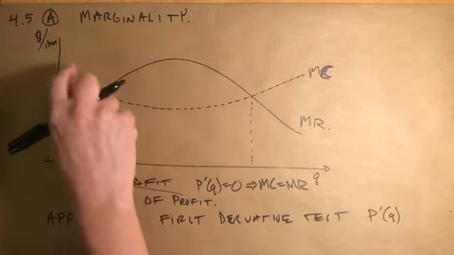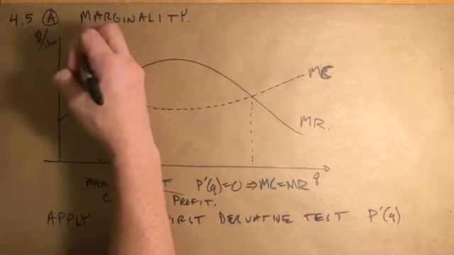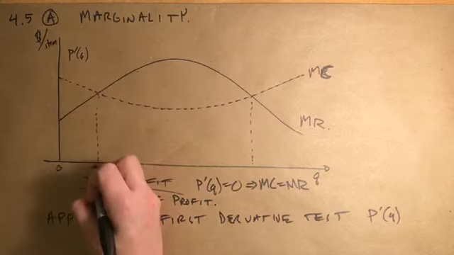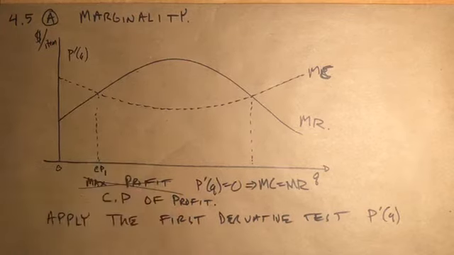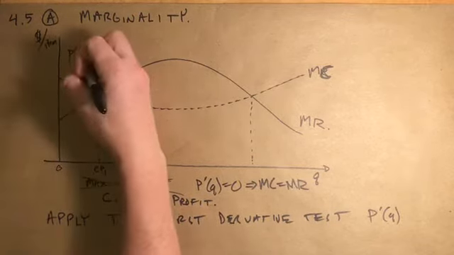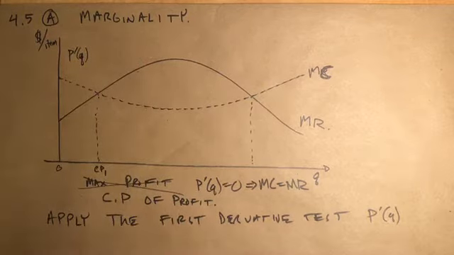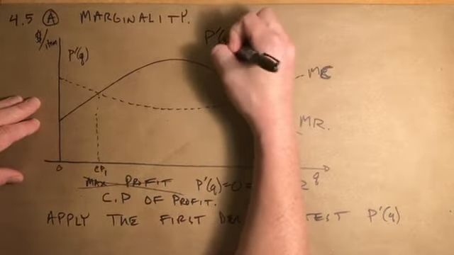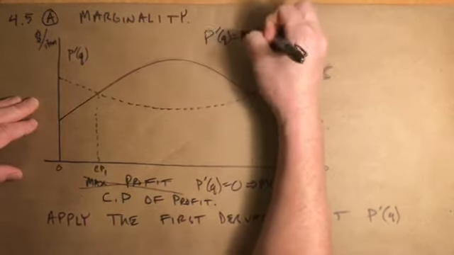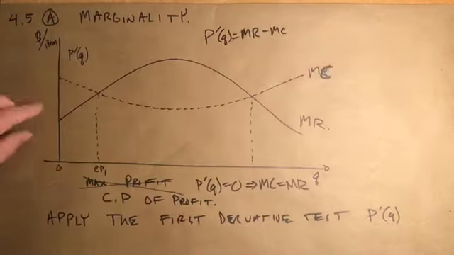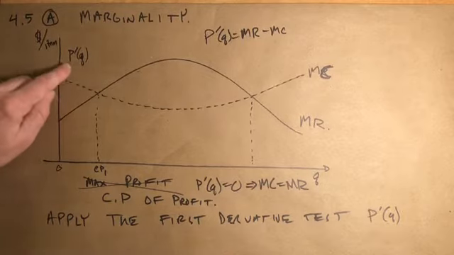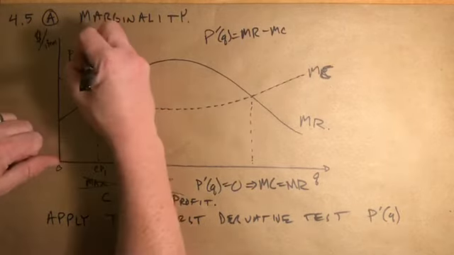So right here, P prime of Q, and I'm going to say between this point 0 and our first critical point, I'm going to call that critical point 1, is this a positive or a negative value? And we can see that, sure, P prime is equal to the marginal revenue minus the marginal cost, and the marginal revenue is below the marginal cost. That means the derivative of profit here was negative.